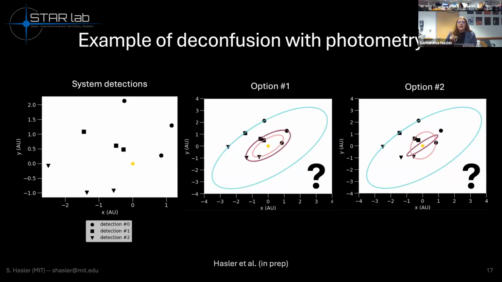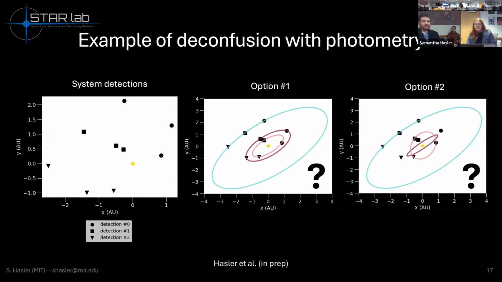Our plan is, on a more basic level, to first introduce a scaling metric, which scales your astrometric uncertainty based on your photometry. So if you have a dimmer phase angle, your astrometric uncertainty should be higher, and vice versa. Does that answer your question? Yeah, I think so. All right, great, thanks. We can talk more later.